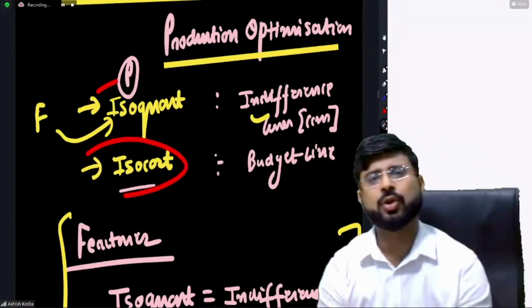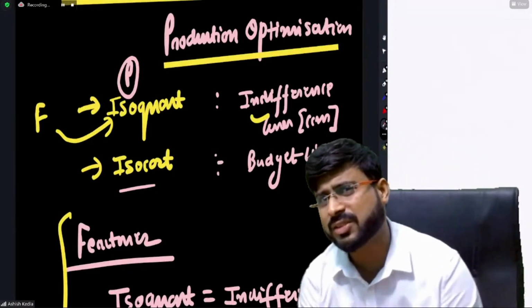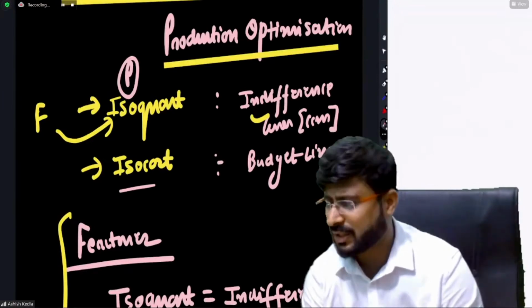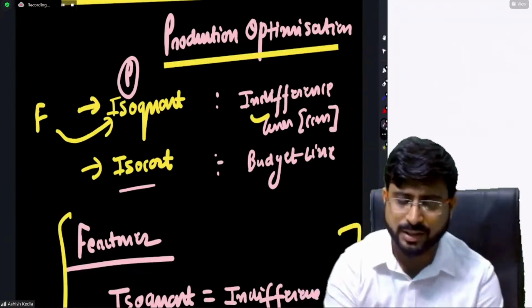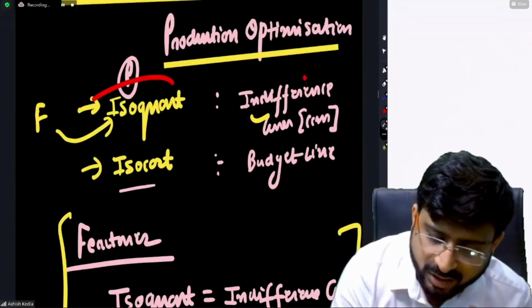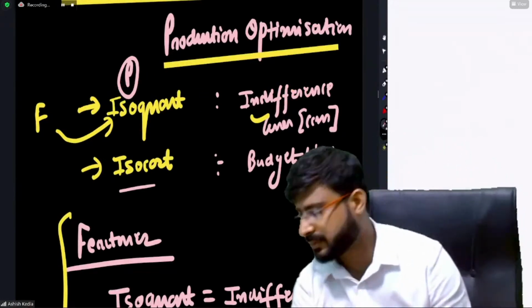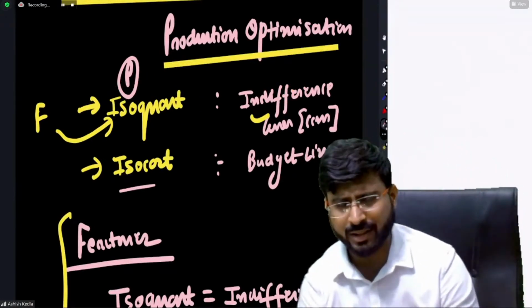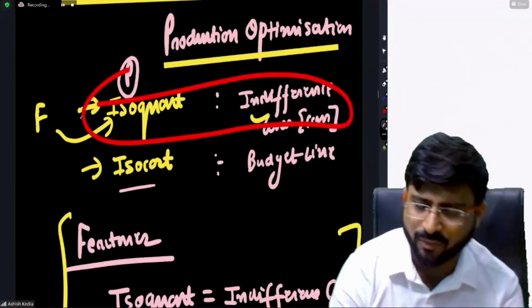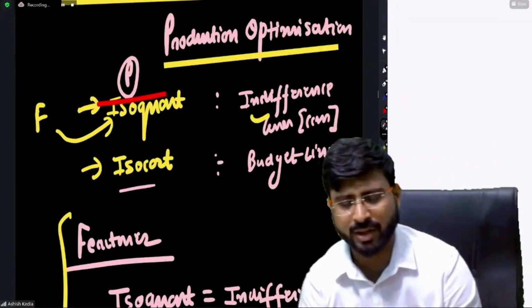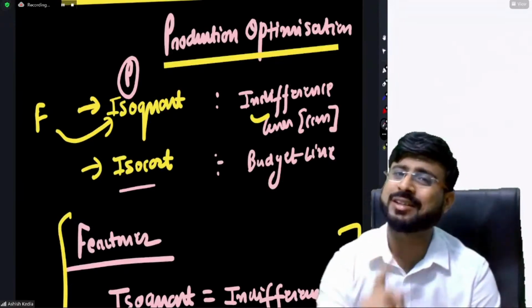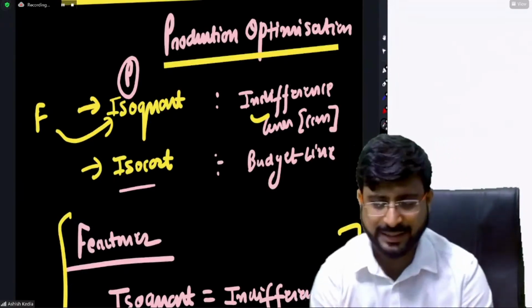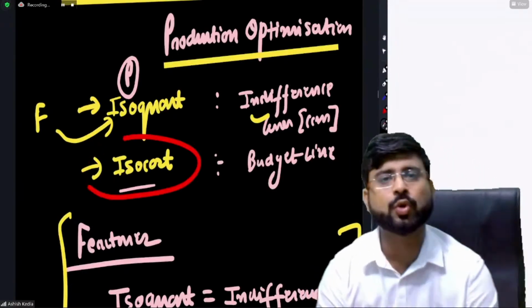Isoquant, isocost. You will remember indifference curve in consumer equilibrium. But isoquant is the same for producers. I will discuss in detail, but isoquant is much like indifference curve. Similar shape and everything. And you will remember budget line in consumer equilibrium. For producers, it is isocost.